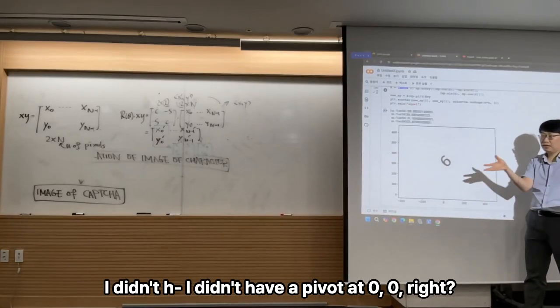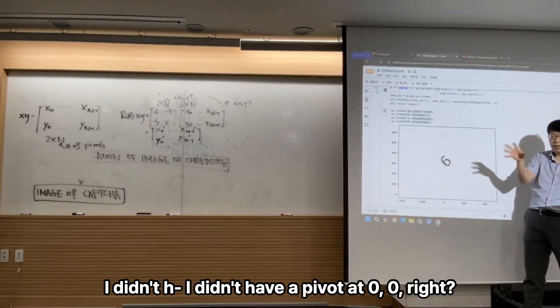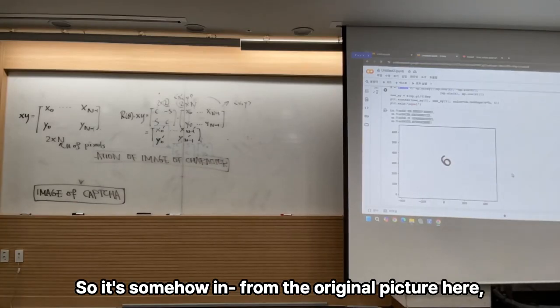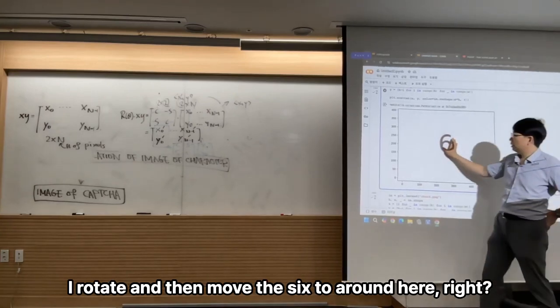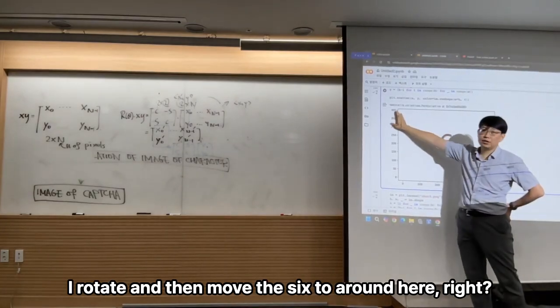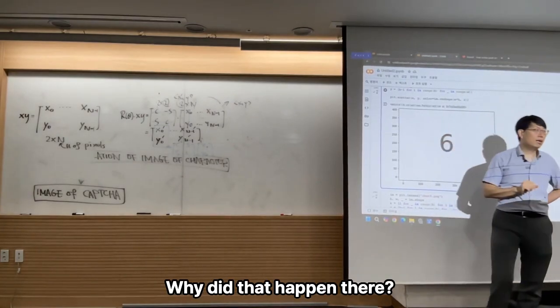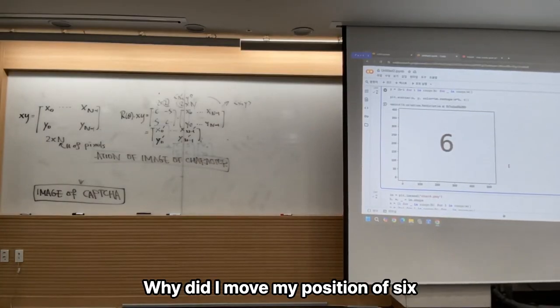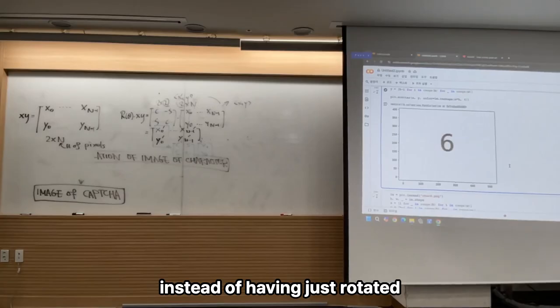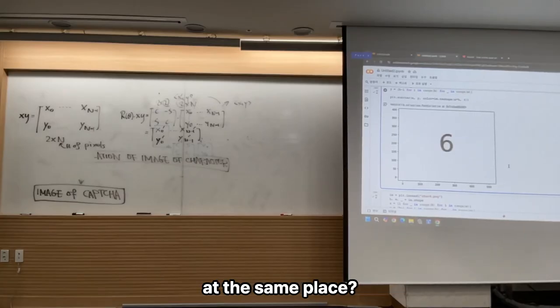You see what I mean? I didn't have a pivot at 0, 0, right? From the original picture, I rotated and then moved this 6 to around here, right? Why did it happen here? Why did I move the position of 6 instead of having just rotated at the same place?